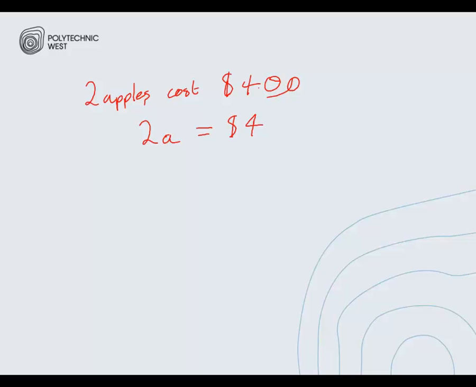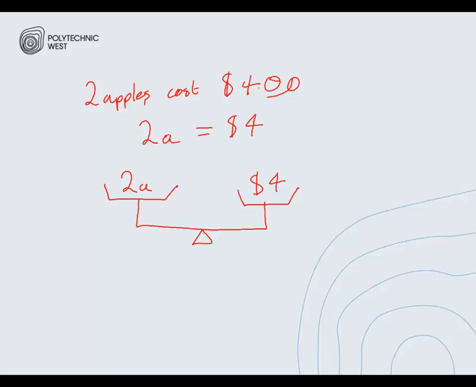What an equation actually is, what the equal sign is, is a balancing scale. It says that what's on one side is equal to what's on the other. So 2 apples on one side is equivalent to $4 on the other side.